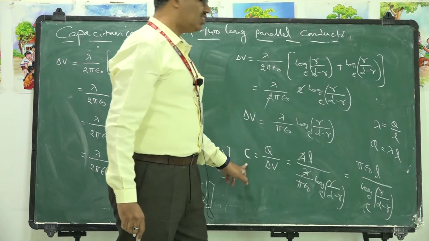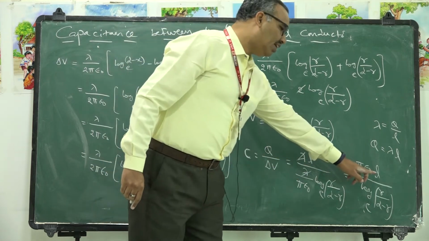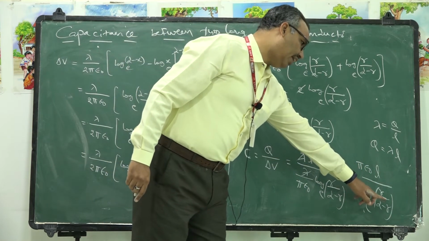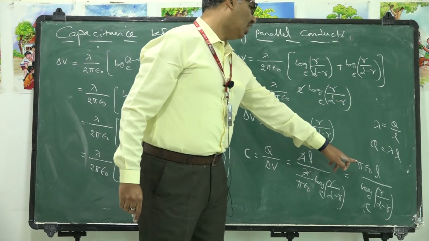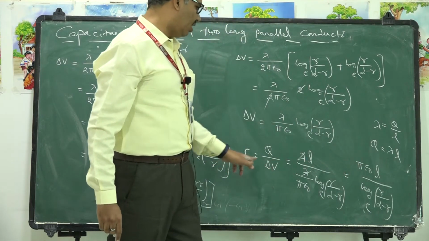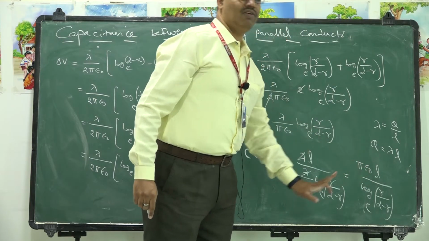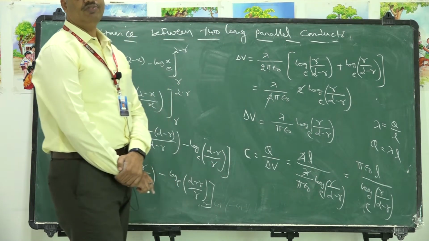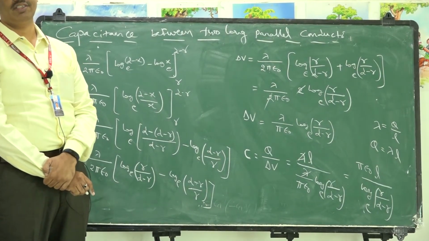So capacitance of combination of two conductors depends on their dimensions, their length, their radius and their separation, and it is independent of the charge available on the conductor. Here no charge is available, only the dimensions of the conductors are involved. So based on these dimensions, we can calculate the capacitance of combination of two conductors. Thank you.